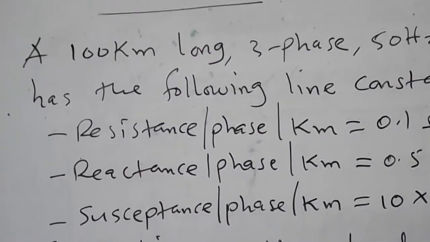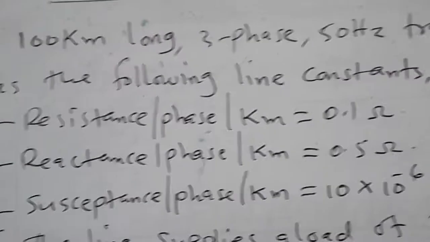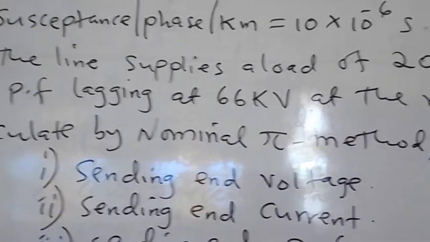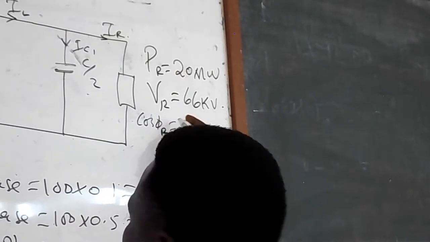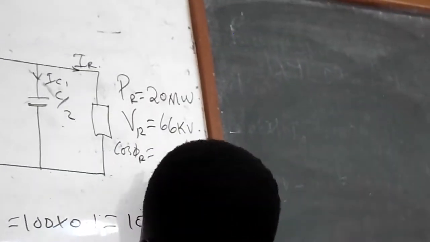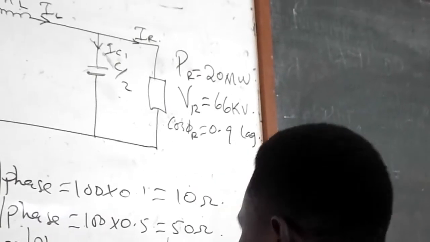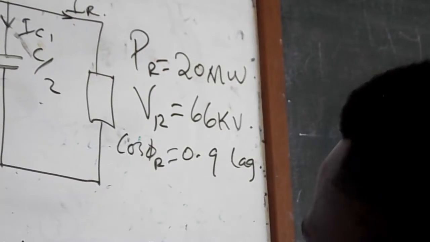So this 66 kilovolts is the receiving end voltage, and the receiving end power factor, cos phi r, is 0.9 lagging.